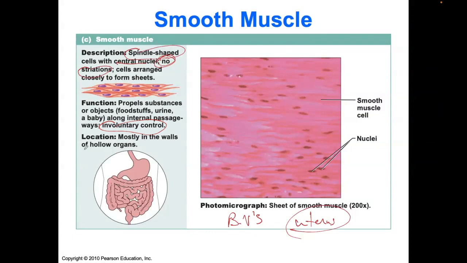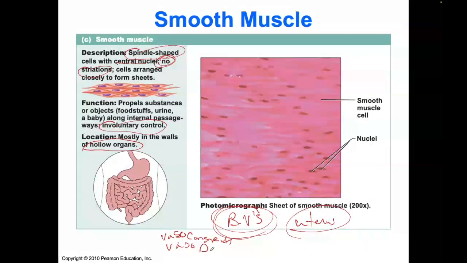Involuntary control, mostly in the walls of all of your hollowed organs, but also it's found in blood vessels. And it's the smooth muscle of a blood vessel that either vasoconstricts or vasodilates.